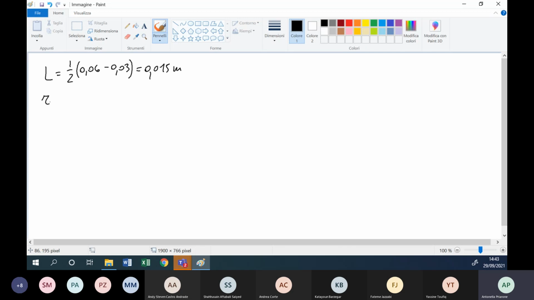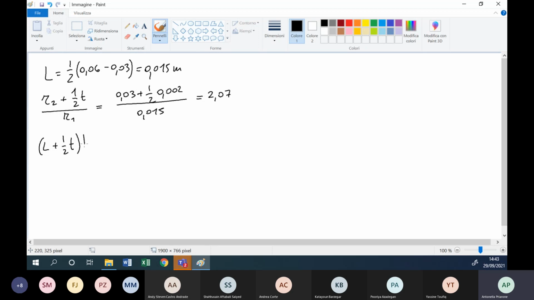The parameter that I have to read on the graph is this one, and I have to calculate it. And I obtain 2.07.